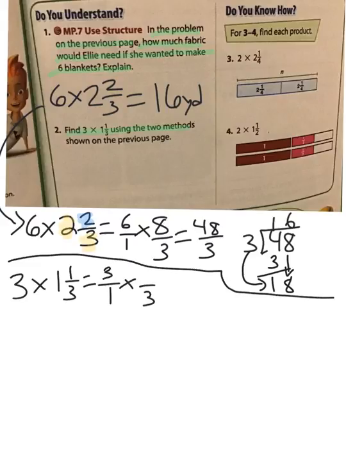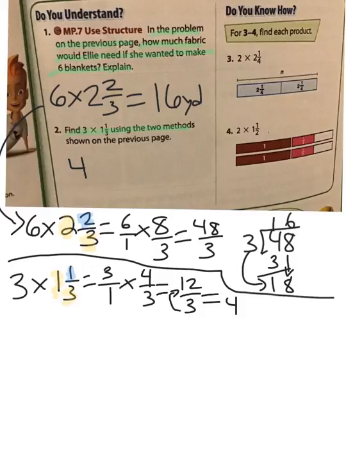Now to get the numerator, I am going to multiply 1 times 3, which is 3, and add 1 more, which is 4. So it's going to end up being 4/3. Now when I multiply, I will get 12/3, and I know 3 goes into 12 4 times, so my answer is going to be 4.